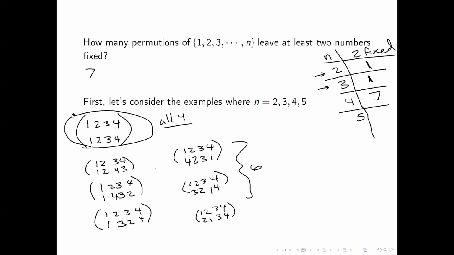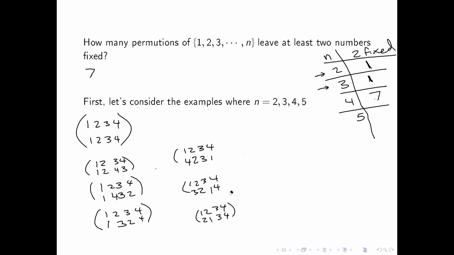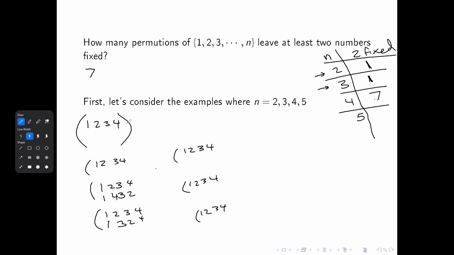So I need to change all these in a way that we don't just have the 5 going to itself. So I'm going to erase all these boundaries, things below them. All right. So this first one, we've already done where 5 goes to itself.